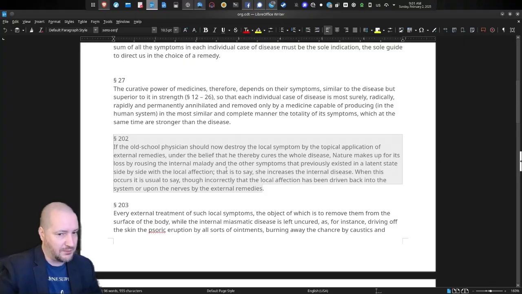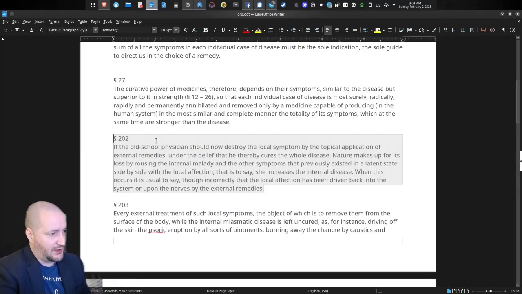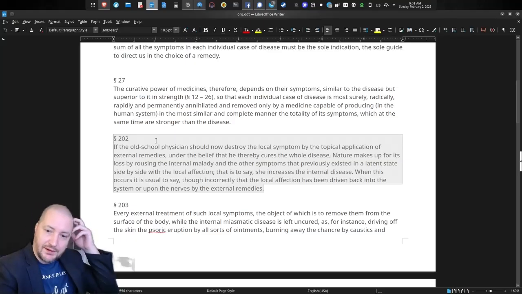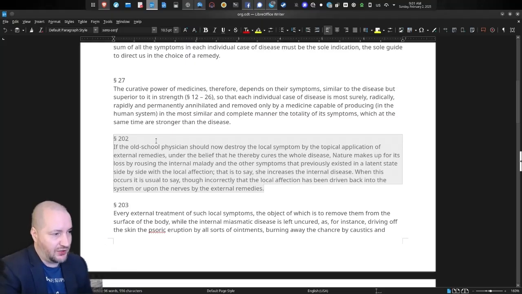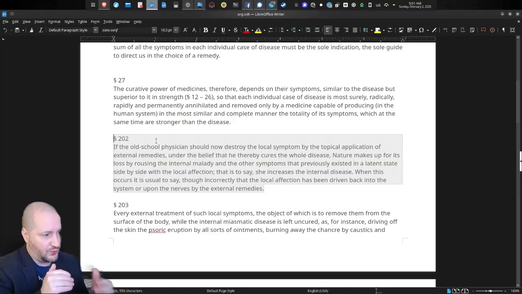So this is talking about suppression. It's saying that if you remove an external symptom, like you put a steroid cream on a skin eruption or a skin disease, then it's going to be driven internally, and it's going to cause more serious problems within the body. That is the homeopathic principle, which is actually true.